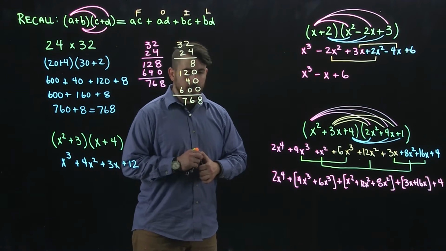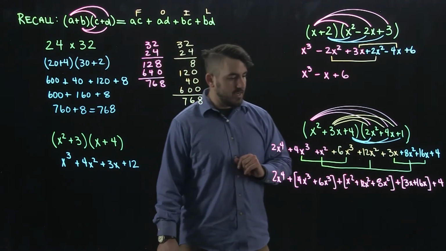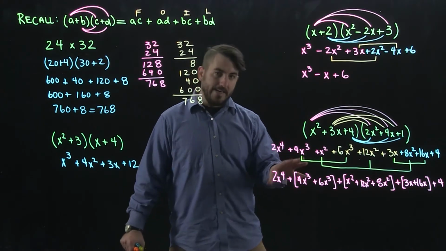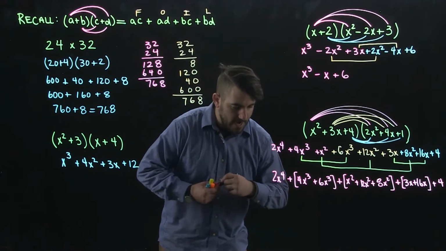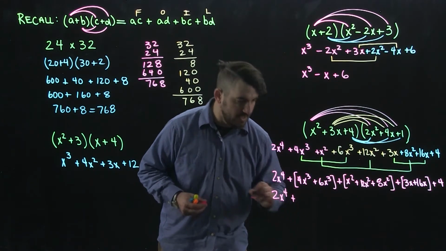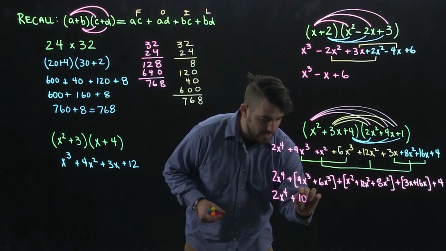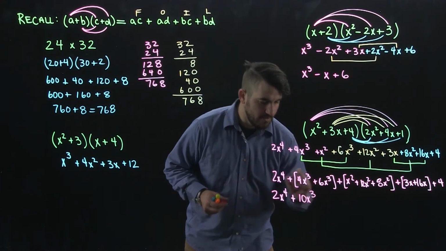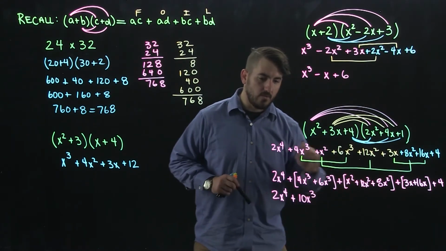Okay, so this is something that is very useful, is to group up your like terms so that you can correctly add them up. So for the first term, we have just 2x to the fourth plus, here we have a 6 and a 4, which gives us 10x cubed. Here, you may not notice, this is a 12x squared.